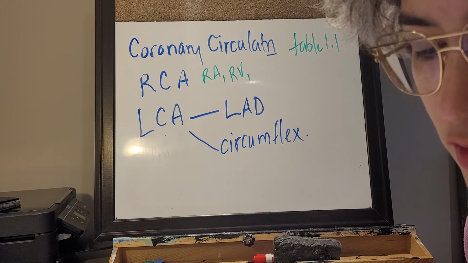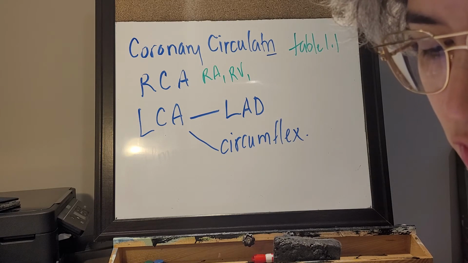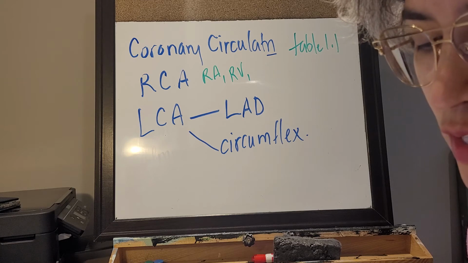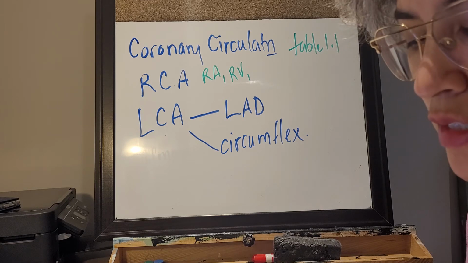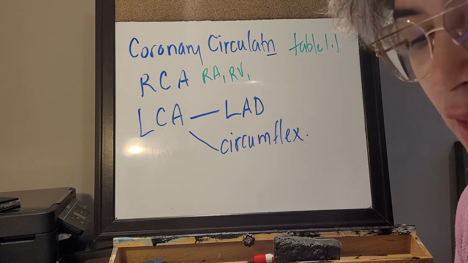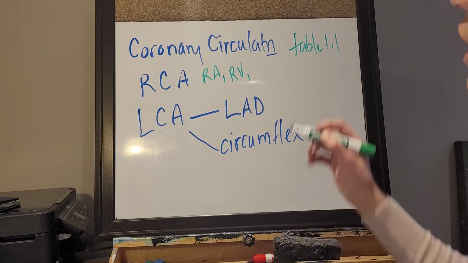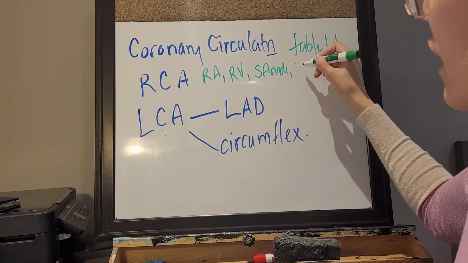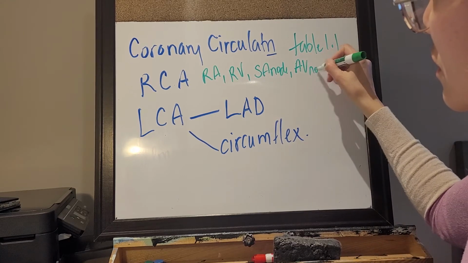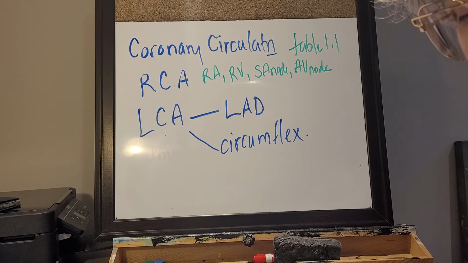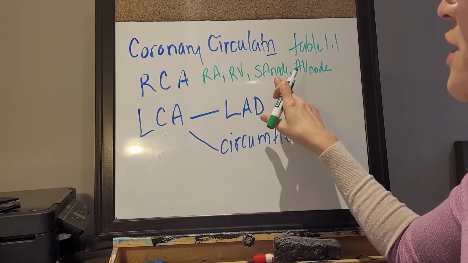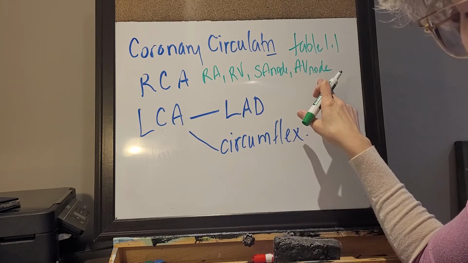The RCA is perfusing the right atrium and the right ventricle, the inferior wall of the left ventricle, and the posterior third of the interventricular septum. Also get an idea of the part of the conduction system supplied by the right coronary, which would be the SA node as well as the AV node. In the majority of the population, the right coronary artery supplies the SA node and AV node.